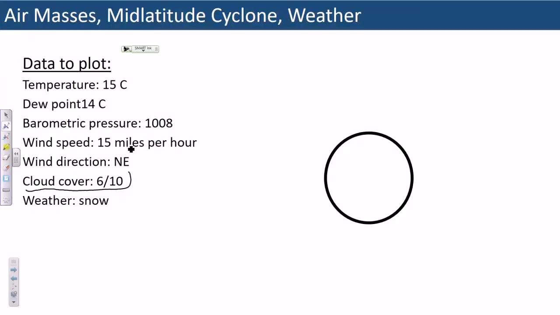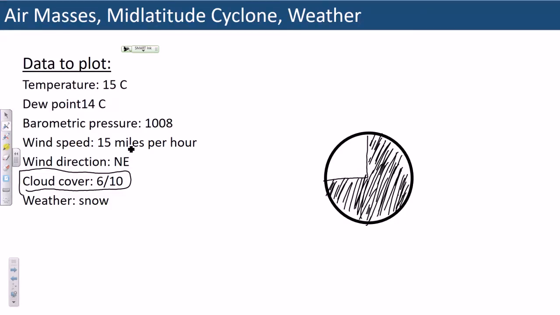Okay, that's right here. I've got 6/10. So that means it's going to look something like this. And this is my shading going on here. I'm going to shade in my cloud cover.